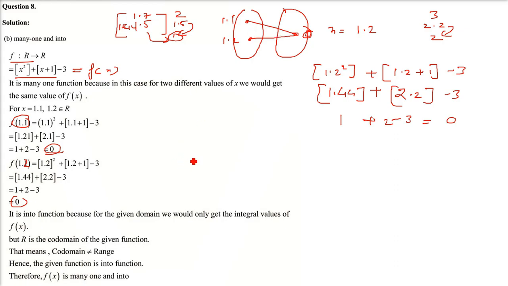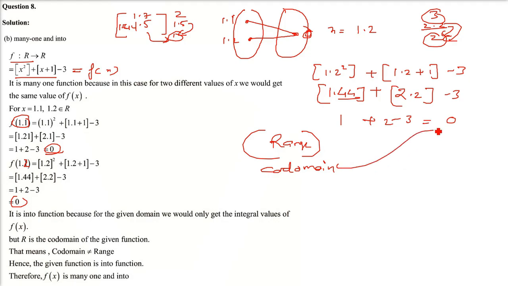How about into? See, whenever you use this greatest integer function, it will always cut down or trim the decimal value. 1.44 will give you 1. 1.2 will give you 1 because it has truncated 0.2 and 0.44. The question is saying that the range is the real numbers. What is the codomain?